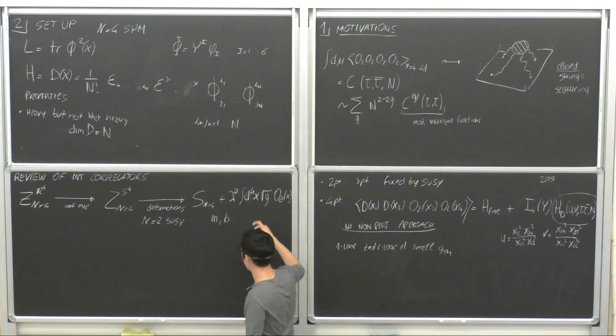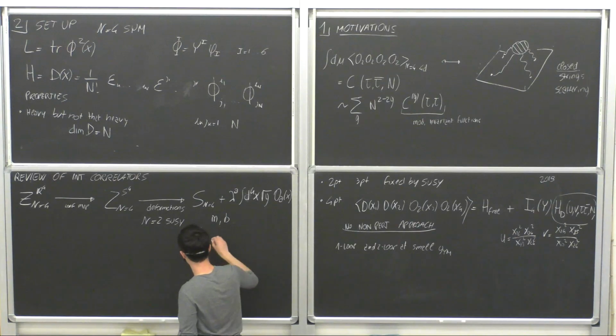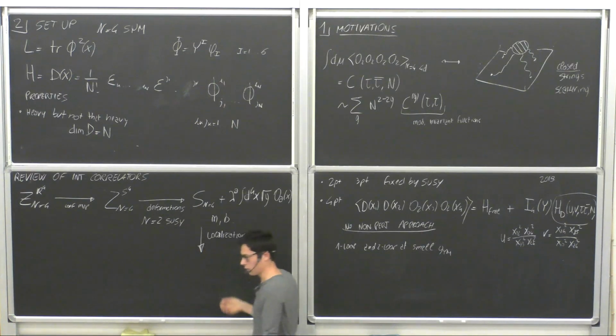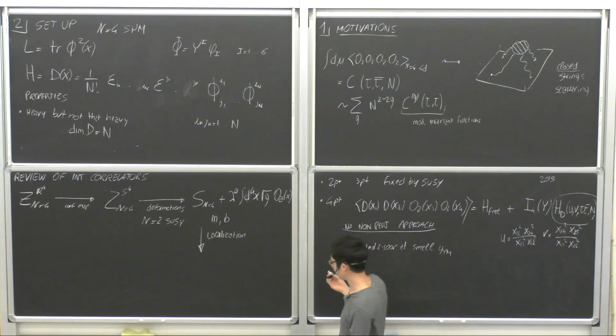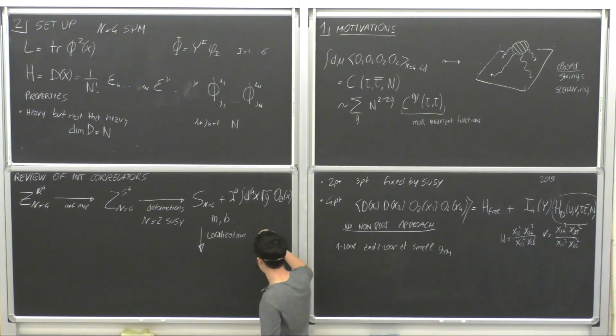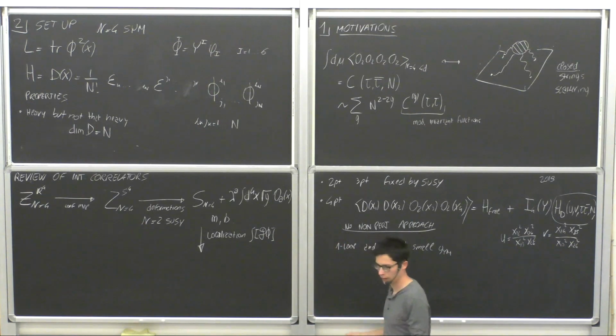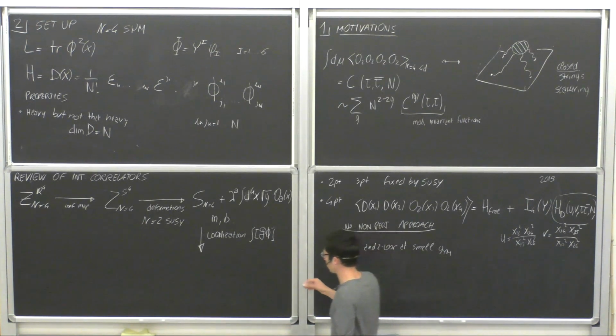Once we are at this point, we perform this localization, which is this very complicated procedure done by Pestun in 2007. Very schematically, the idea is that it allows us to somehow solve the path integral of the theory. We know that this is a very complicated, ill-defined object.